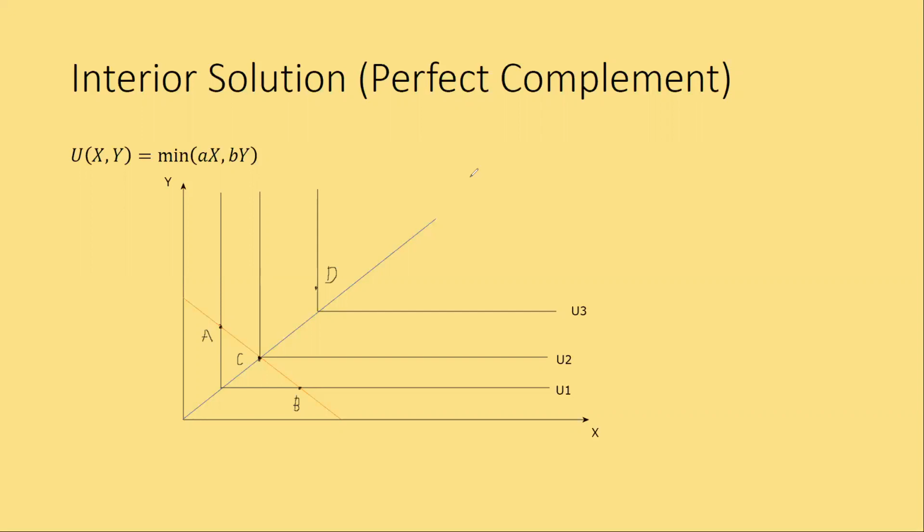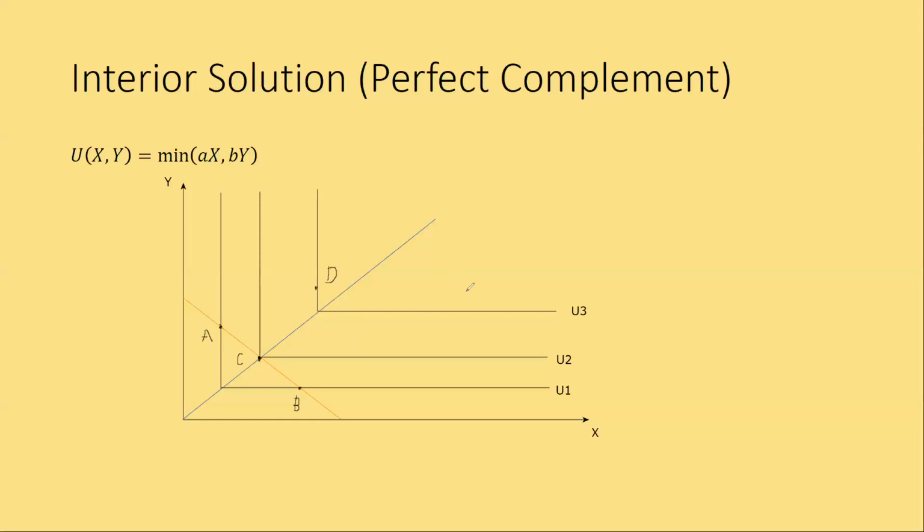And U1 is what the consumer gets by consuming point A or point B. Similarly, we can argue that point C is the optimal point because the consumer cannot find another point that is also on the budget line but gives her a higher level of utility. Any point that gives her a higher level of utility, such as point D, is going to be outside the budget constraint.